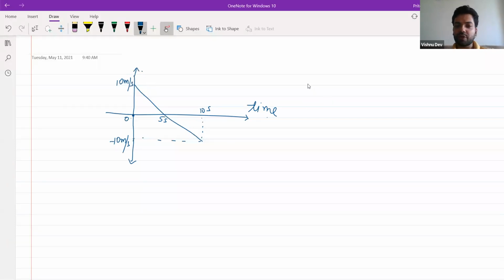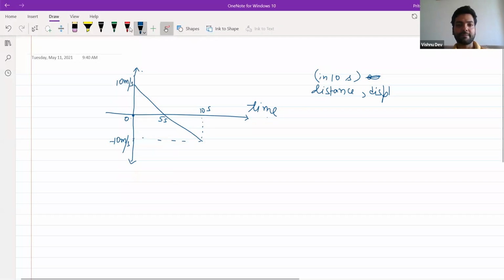So quickly try to find out distance and displacement in 10 seconds.